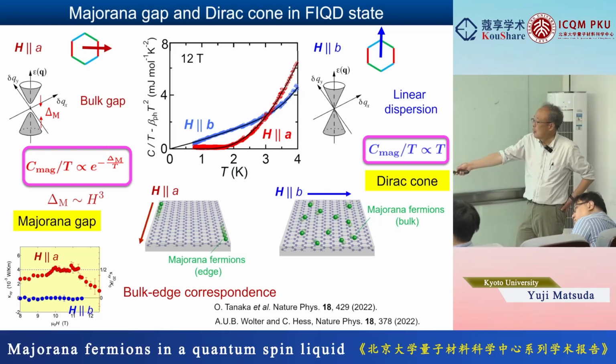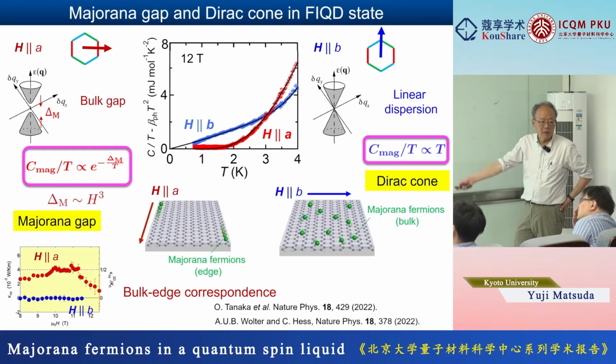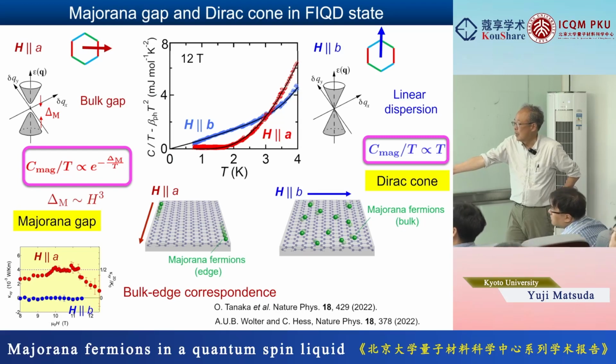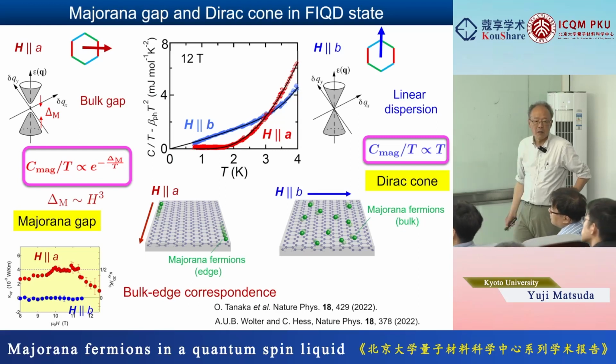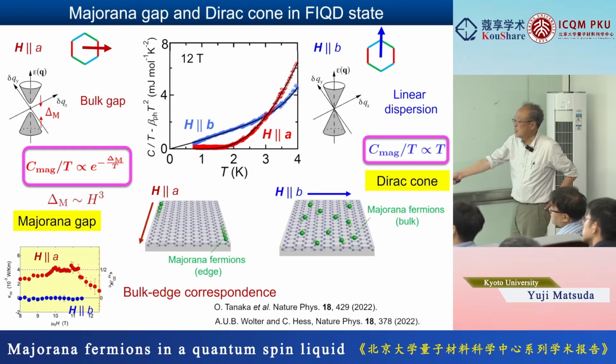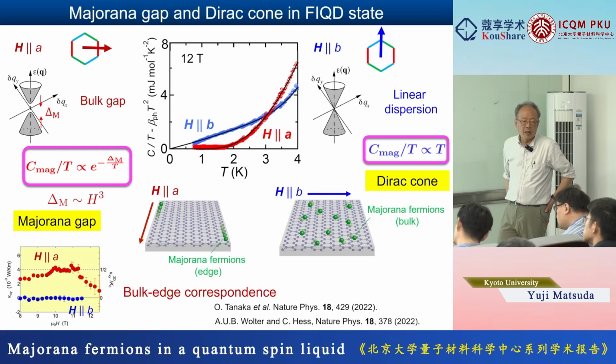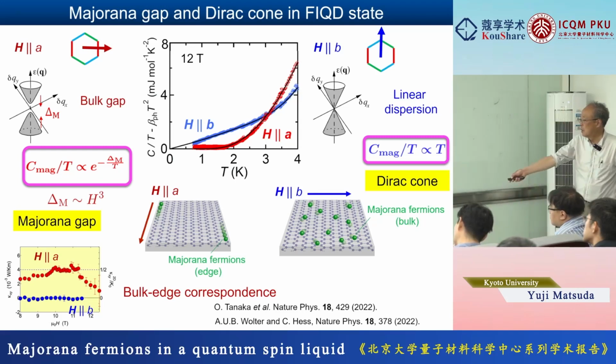But looking at the thermal Hall effect, we observe the quantized thermal Hall effect. This means a thermal current flows at the surface or edge. So this is a kind of bulk-edge correspondence in this material.